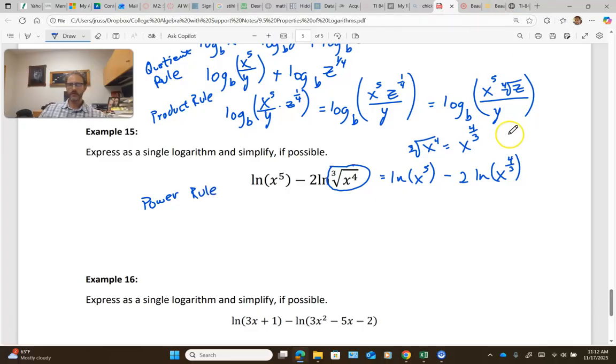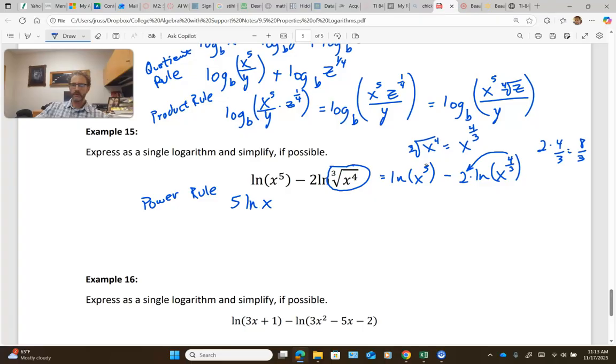So the power rule just says, now that these both have powers, I can just move those out in front. So this will become 5 times the natural logarithm of just x. But now when I move this 4/3 out here, I actually have to multiply it by 2. So 2 times 4/3 will give you 8/3.